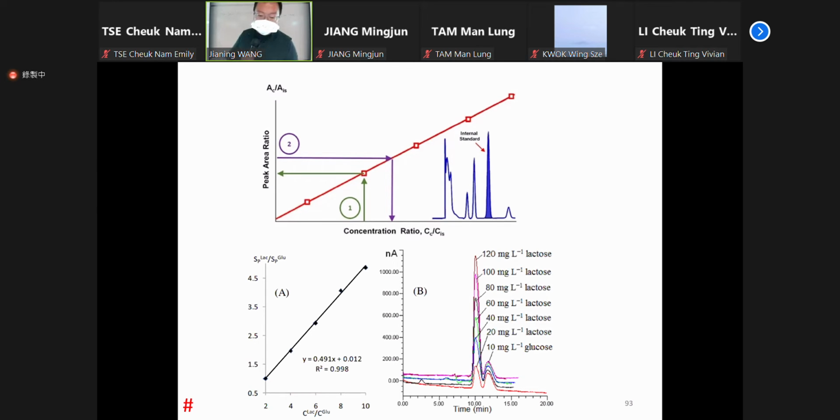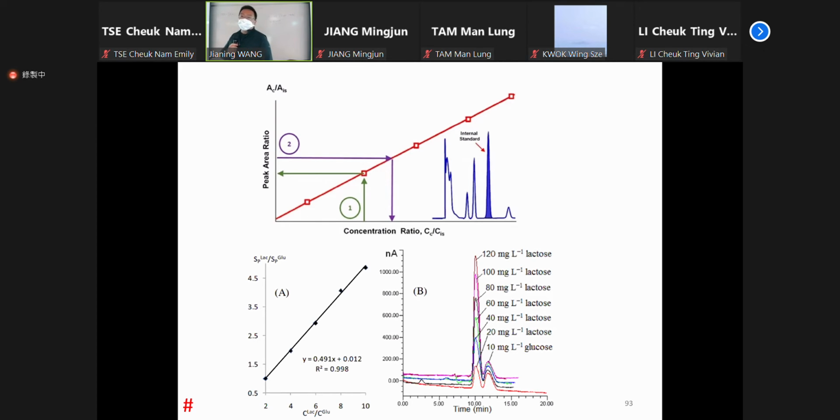For example, in this example, we use lactose as a standard, and the target is glucose. Because those two saccharides are similar, they have similar retention time.